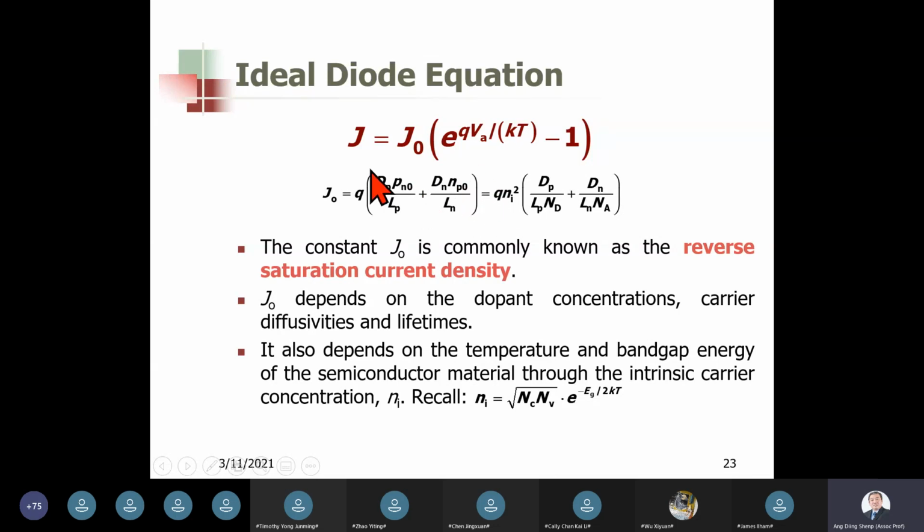So the ni squared term is inside this expression, which makes J0 dependent on the band gap of the semiconductor material. So if you build a PN junction using a semiconductor having a larger band gap, then J0 will be very small. And it's quite easy to relate back to the physics to understand why that is the case.